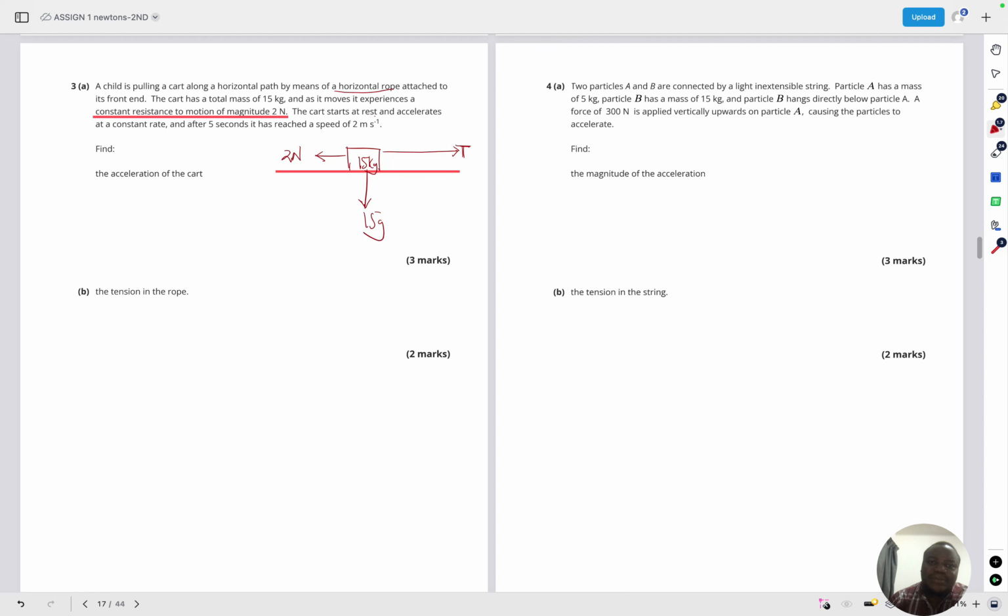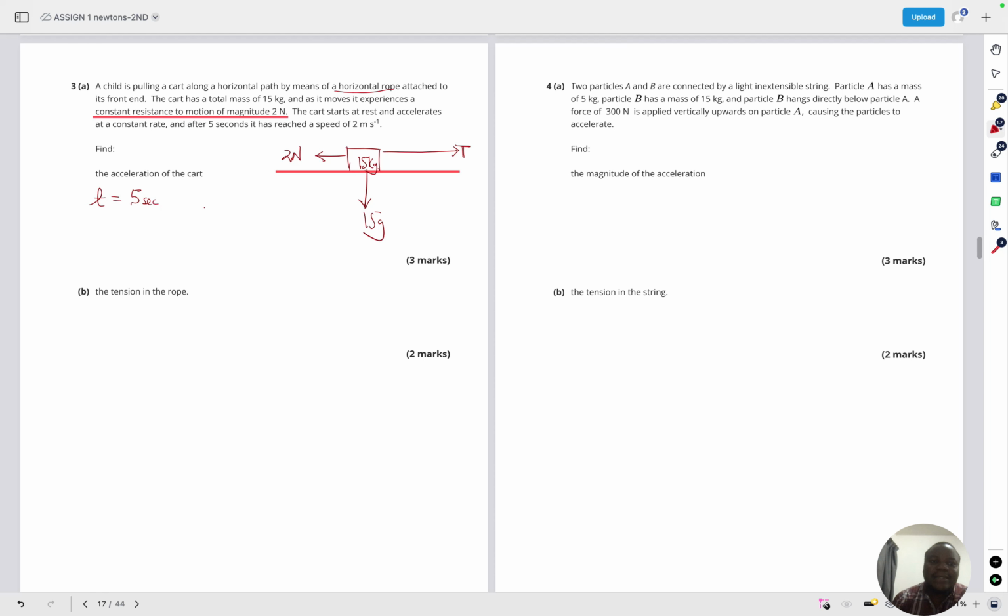The cart starts at rest and accelerates at a constant rate. After 5 seconds, here we are given something to do with time, which is 5 seconds. So our time is given as 5 seconds.